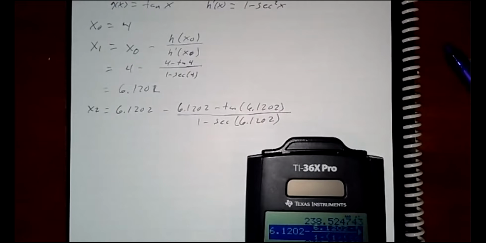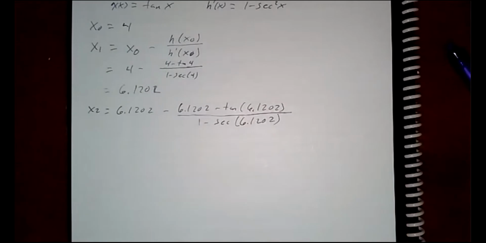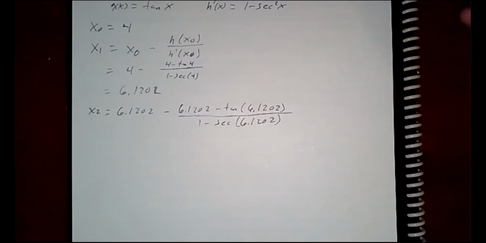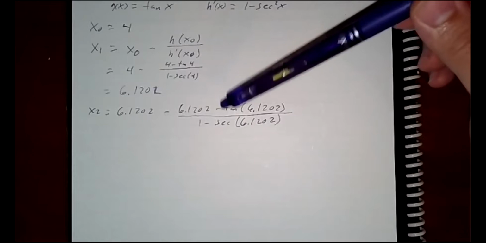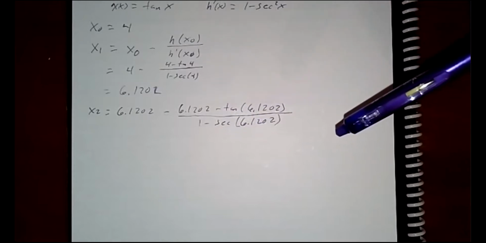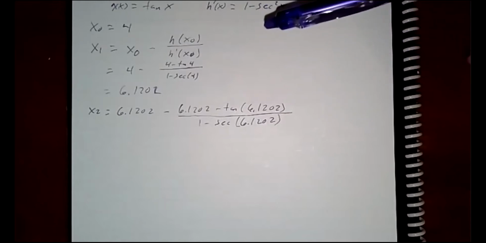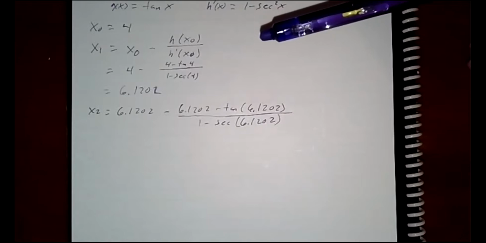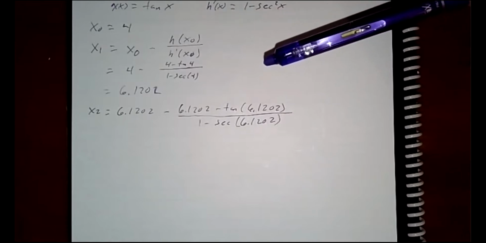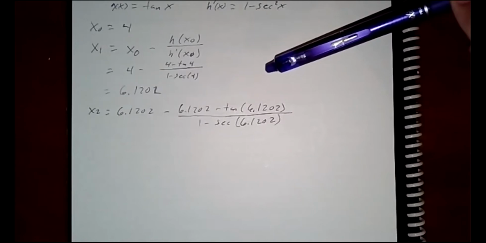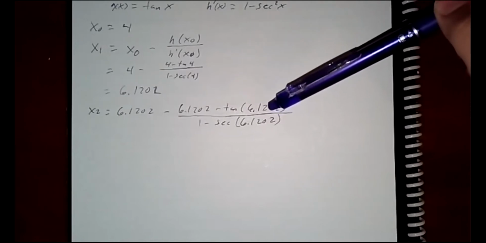Hmm. Oh, I see why. Well, no, I mean, I got a number. I'm not sure why it's giving you a syntax error. What'd you get? Instead of doing it the way you did, I just put 6.1202 minus tan.